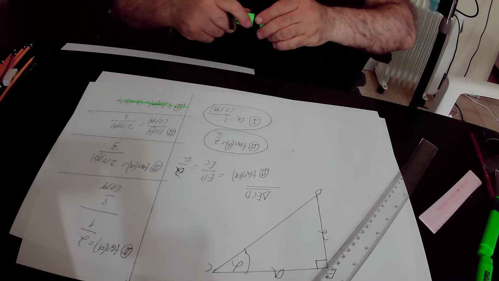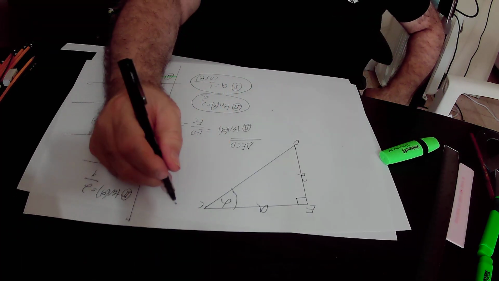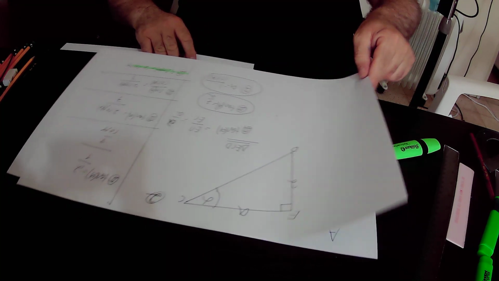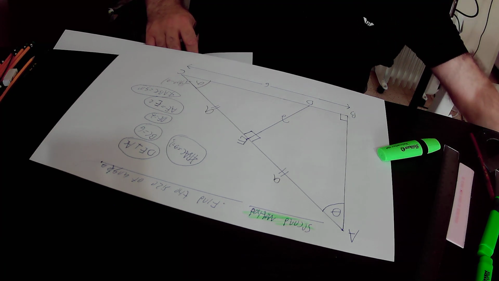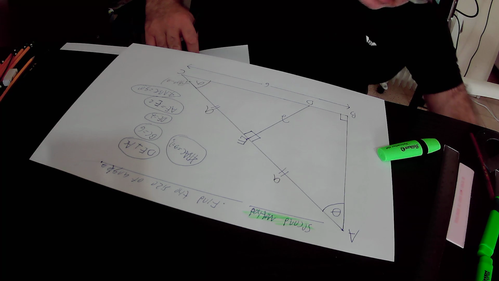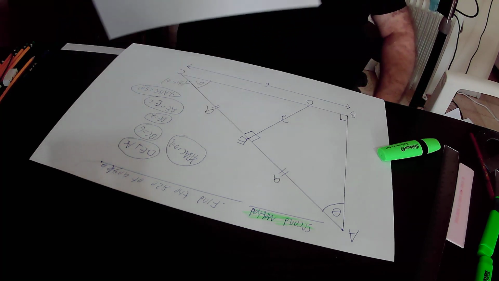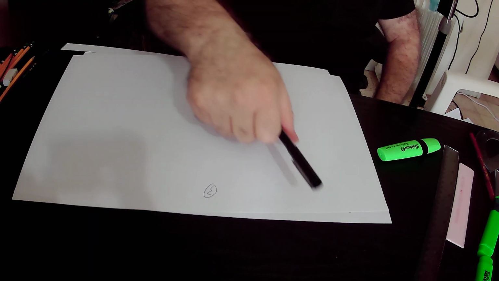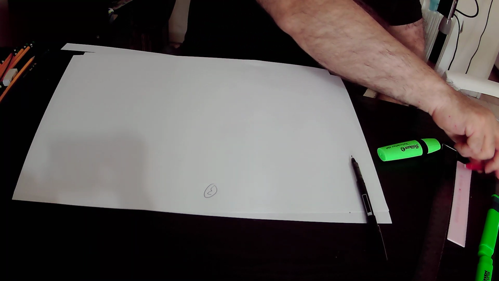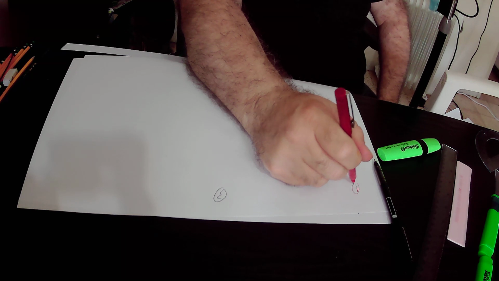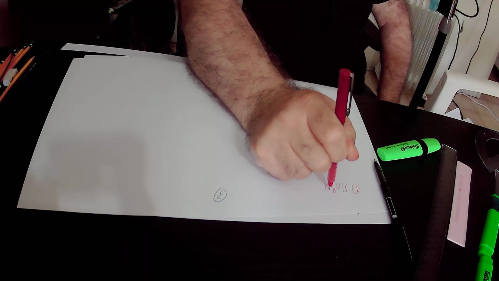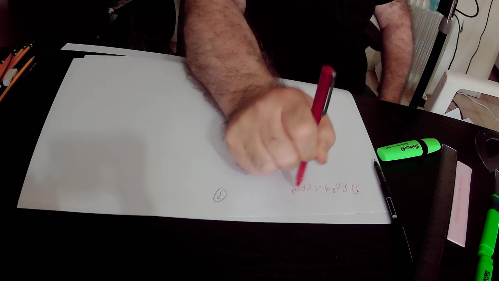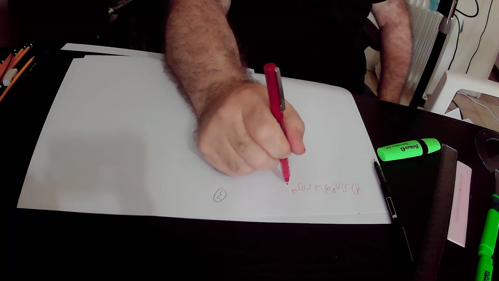We actually have the trigonometric identity that sine square alpha plus cosine square alpha equals 1.